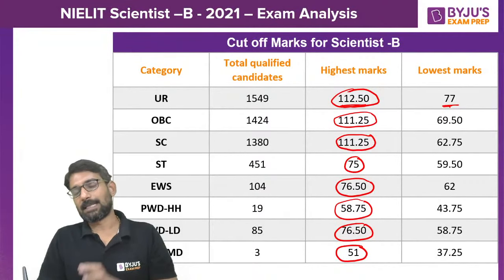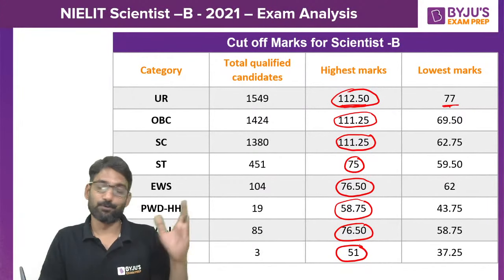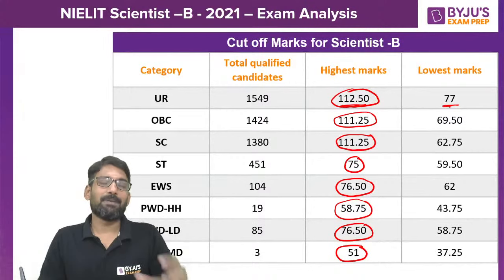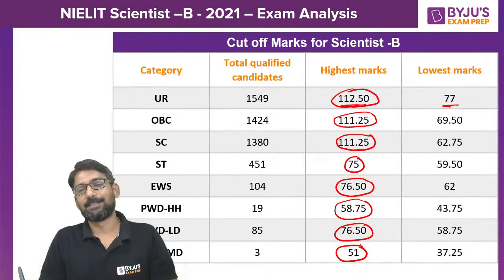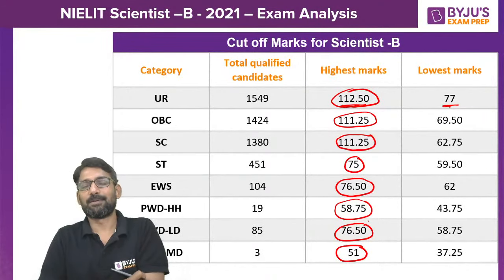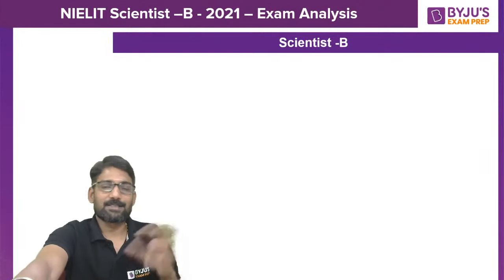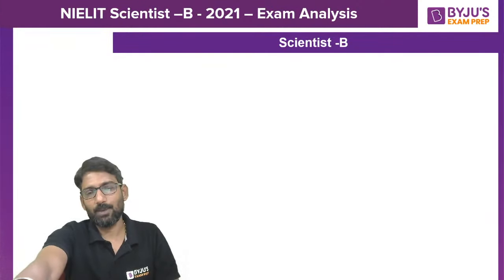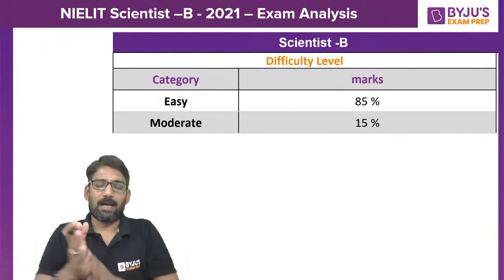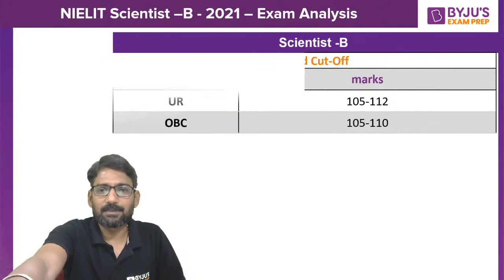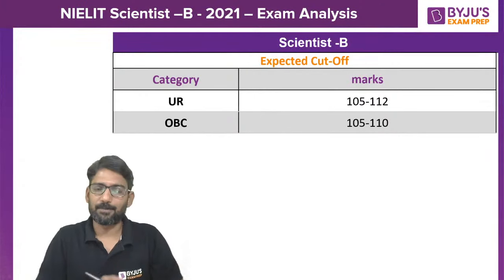But guys, the last Scientist B exam was held for multiple posts, around 240 posts were there. But this time you just have posts in the single digit. So the cutoff, if I say, and also for SC ST we don't have vacancies this year, so only for unreserved and OBC category I think we have.